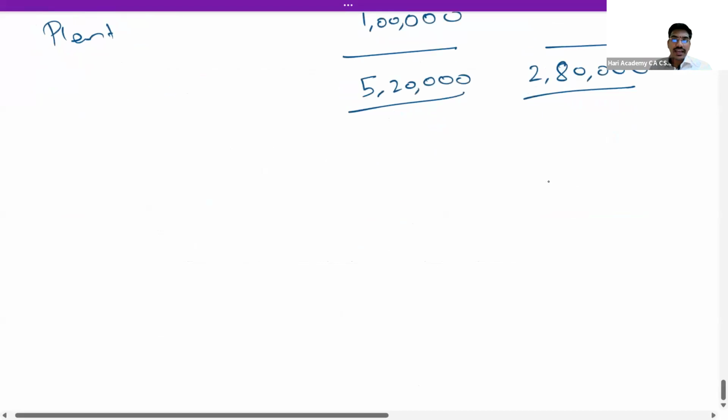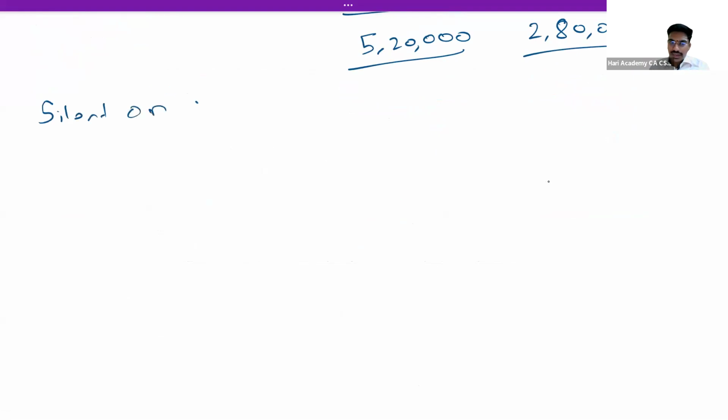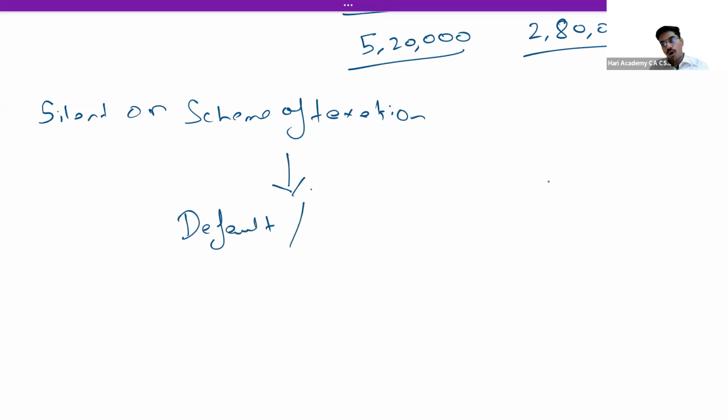The question is silent on the scheme of taxation. If the question is silent on scheme of taxation, you can always, for assessment year 25-26, assume that the person has opted for the default tax regime, or the so-called new tax regime in section 115BAC.